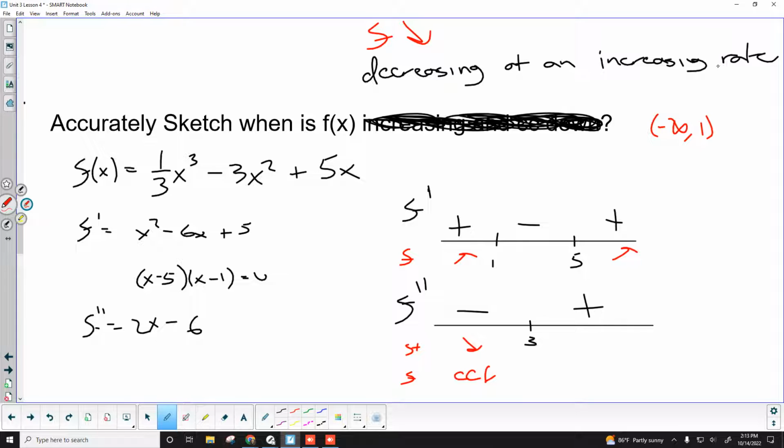F's rates, F primes, are going up. That's it. F is going down, but F's rates, which are F primes, are going up. F is going down. F's rates, F primes, are going up. The answer to this question is 3 to 5.